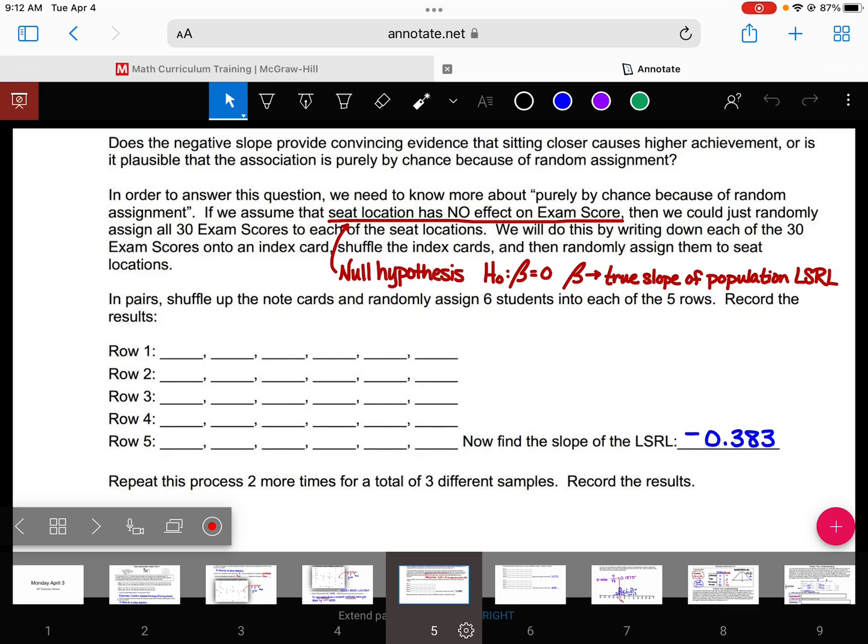I can even then take this information and figure out exactly how many of these simulated samples have a slope of negative 1.517 or less. So I've got count the number and percent of dots less than or equal to, and I'm going to enter our slope right here, negative 1.517, and I'm going to hit count.